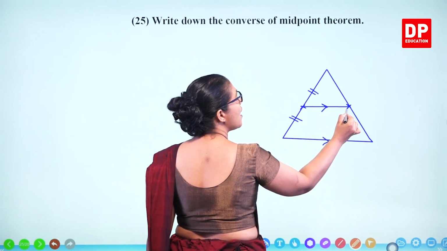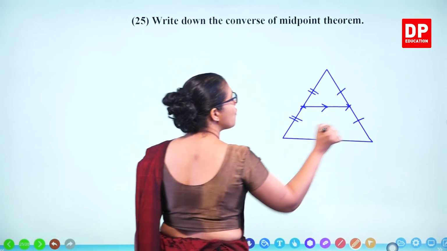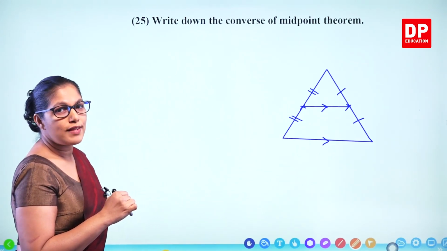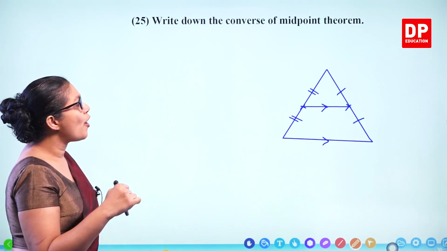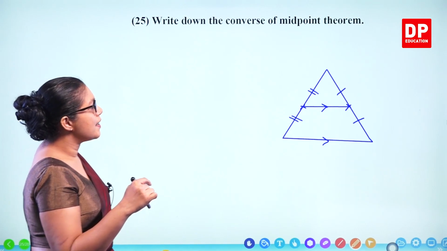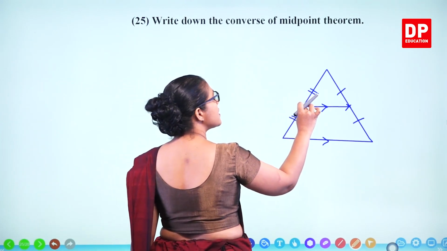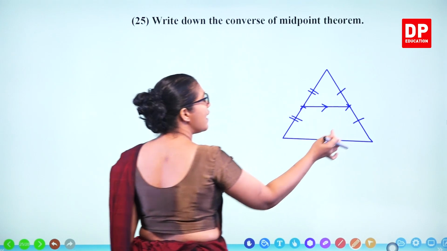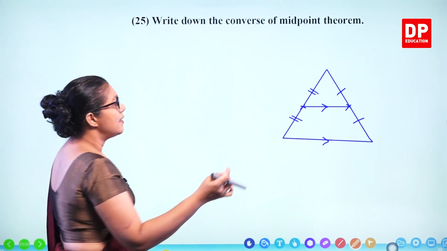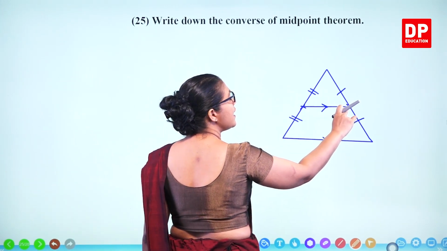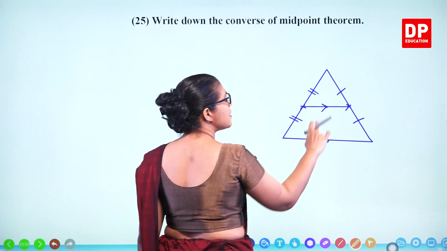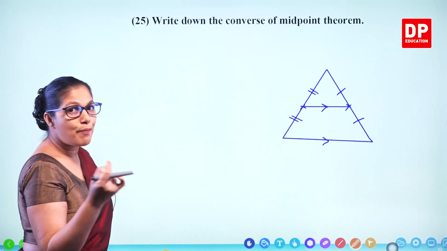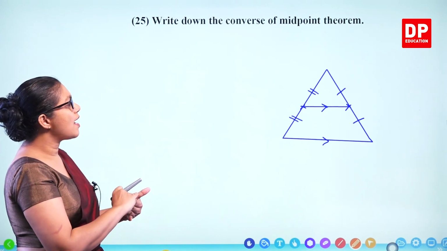This point becomes the midpoint of the other length. So that's the converse. What's midpoint theorem? Midpoint theorem is when you connect midpoints of two lengths, when you join the line, these two lines are parallel. That's midpoint theorem. Converse is the other way around.